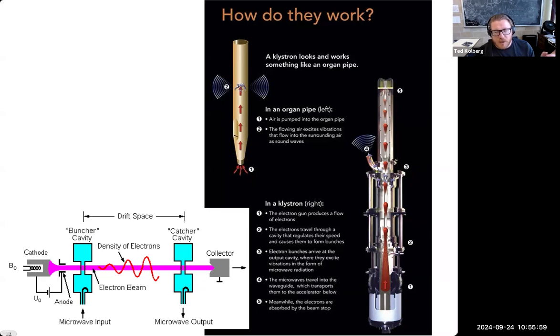And the direction of the field between the two sides of the buncher cavity is changing twice per cycle of the input signal. So electrons are going to enter when the entrance side is negative and the exit side is positive. So that will produce an electric field in the same direction as the motion of the electrons. Basically, they get accelerated by the field.